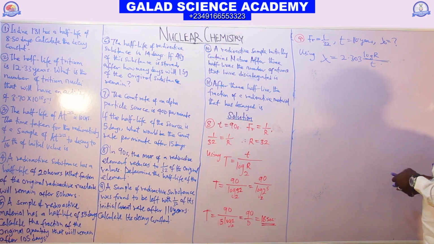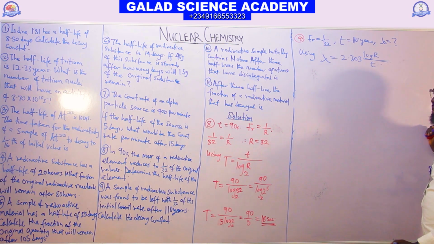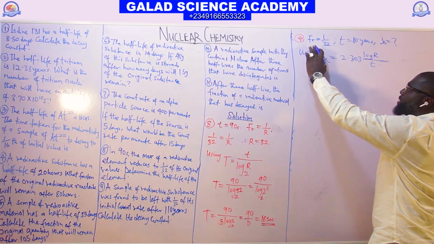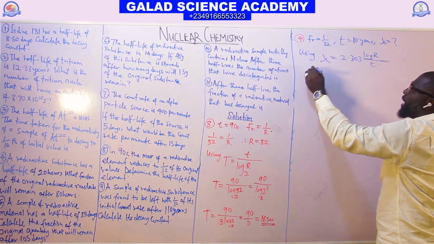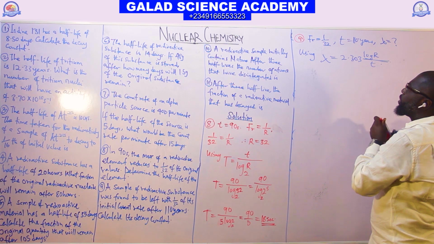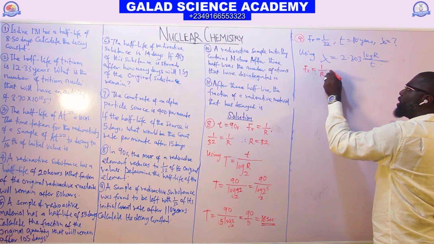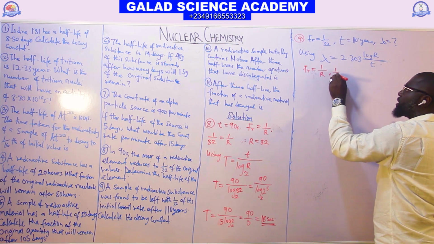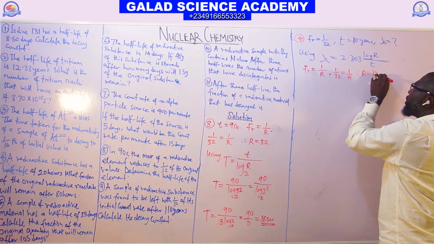And we all know that this thing is the FR, fraction remaining. Fraction remaining is 1 over half, same thing as 1 over 32 equal to 1 over half. Therefore, R is 32.